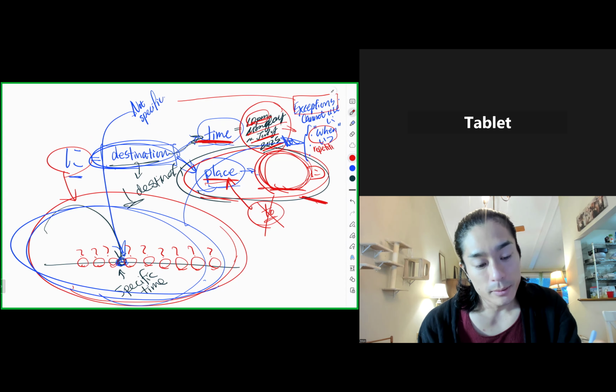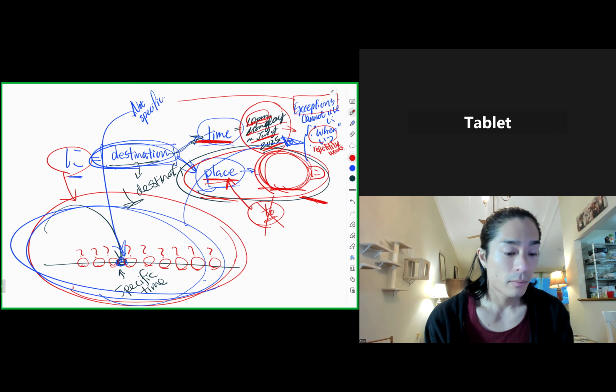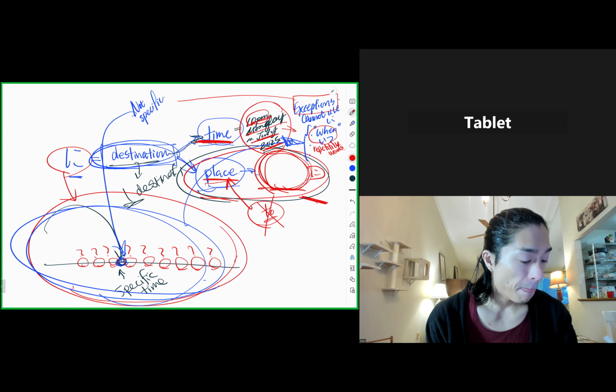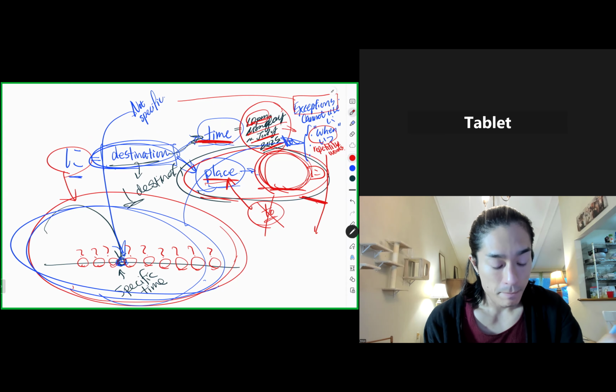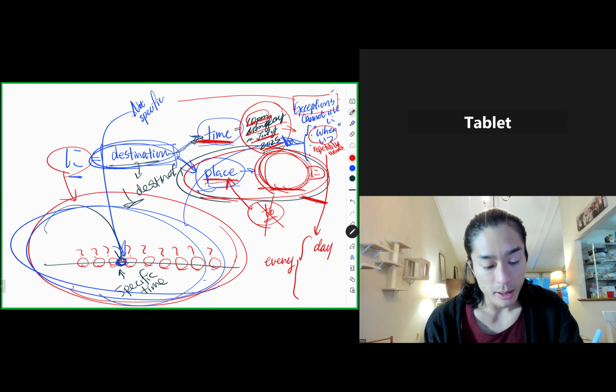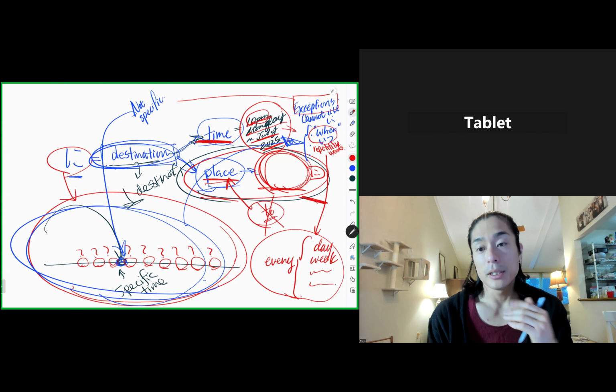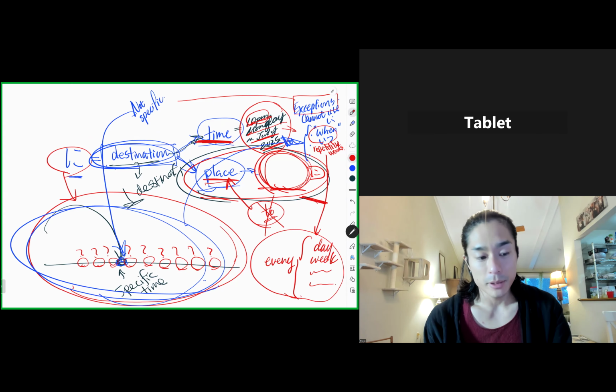Second one, repetitive words. Basically in English, every variation: every day, every week, every month, every year. These words basically mean you repeatedly do something.